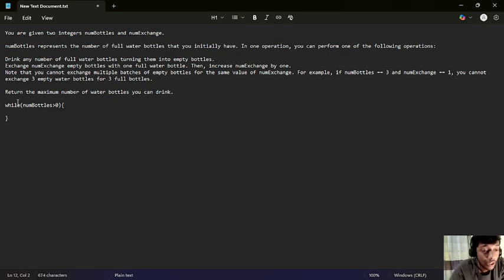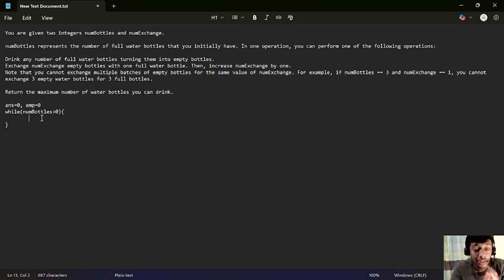In order to perform, we should have two variables. One is answer and one is empty, empty equals 0. This answer variable tells us how many water bottles we have drunk in total, and this empty tells us about the empty water bottles.